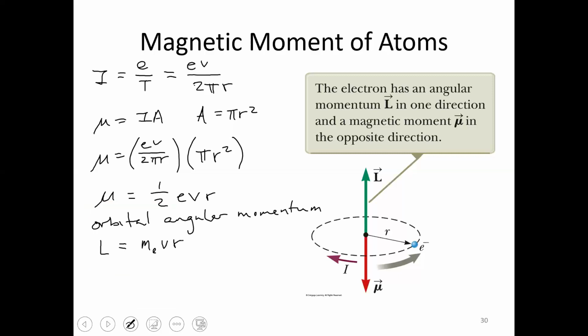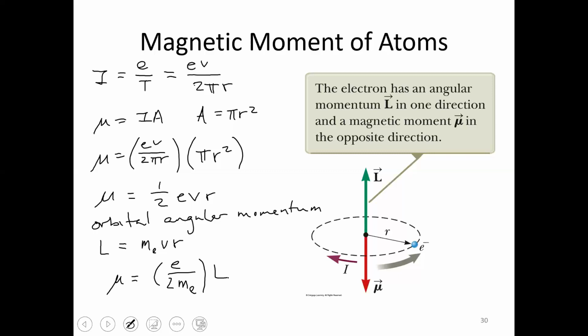So that's an orbital angular momentum. And we can describe our dipole moment, or our magnetic moment, as mu equals the charge of our electron over 2 m e times this orbital angular momentum. So we can describe our dipole moment in terms of the orbital angular momentum of our electron.